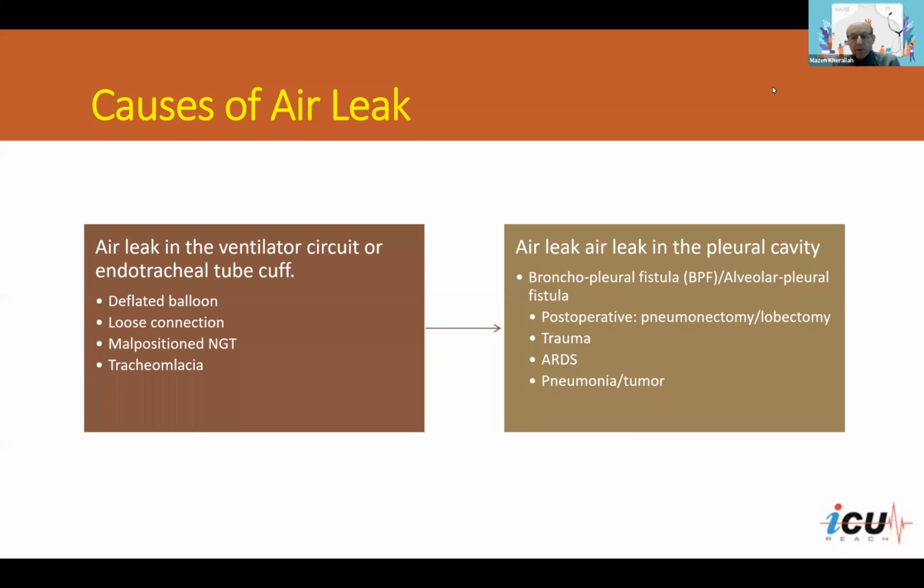This could be because of pneumonectomy, lobectomy, post-surgical or post-operative, which is the most common cause. It could be trauma to the chest, of course, VILI or ventilator-induced lung injury in patients with ARDS, or patients with necrotizing pneumonias, tumors, of course, emphysematous lungs, and you can name other conditions too.